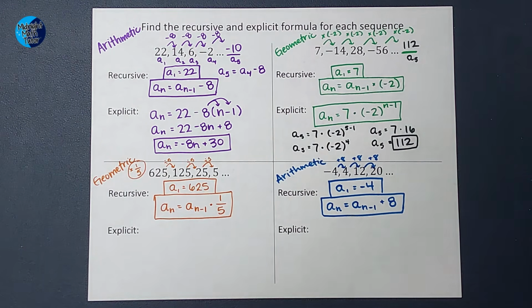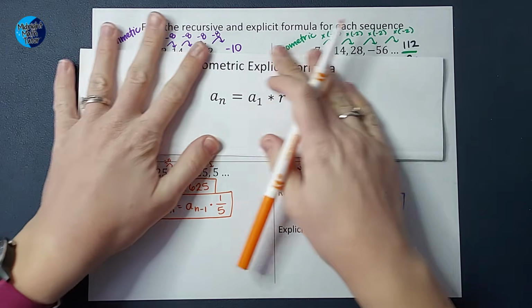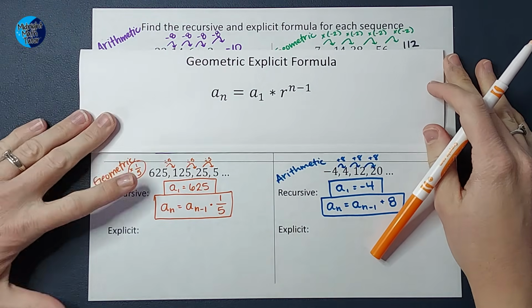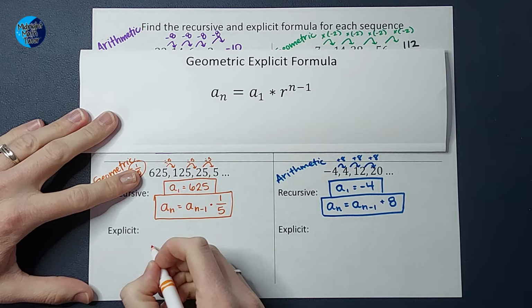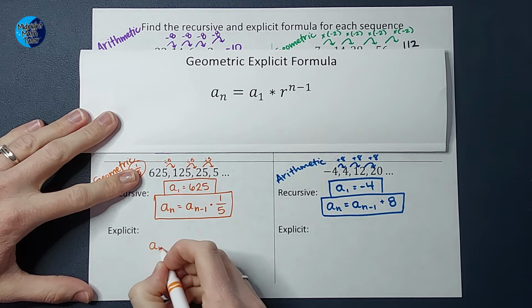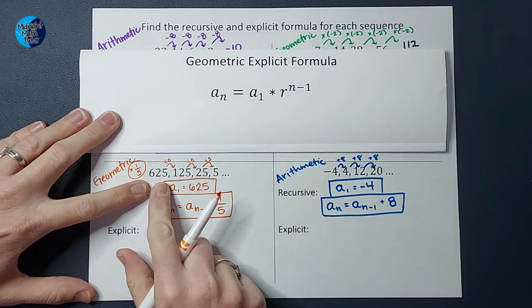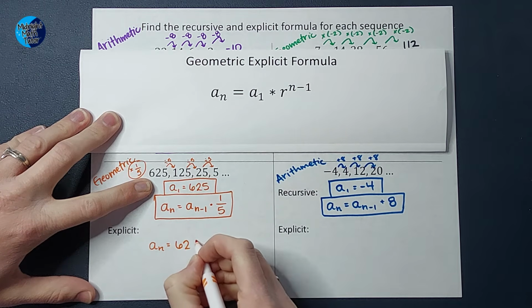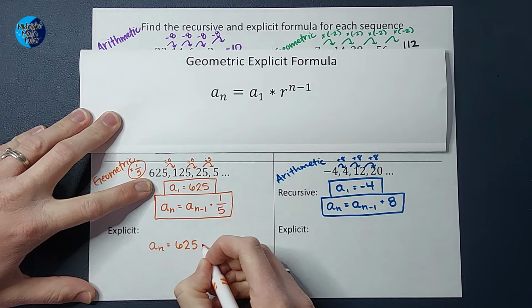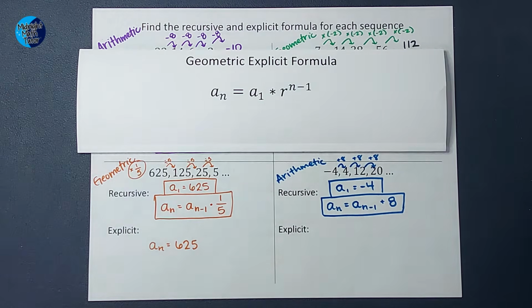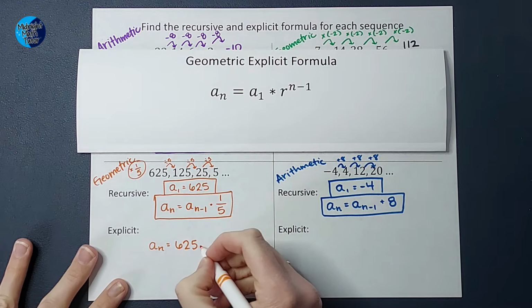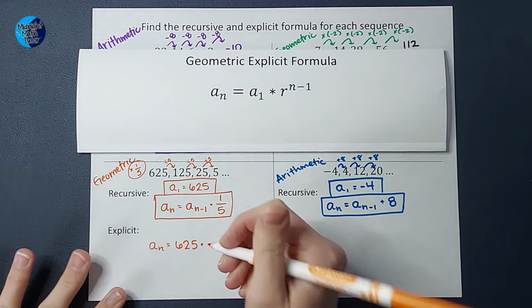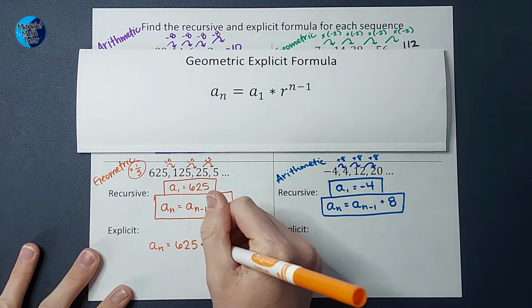So let's take another look at our geometric explicit formula. Whatever number you want to find, you take the first number in the sequence, in this case it's 625, and you multiply by the common ratio, which in this case we are multiplying by 1/5, right?